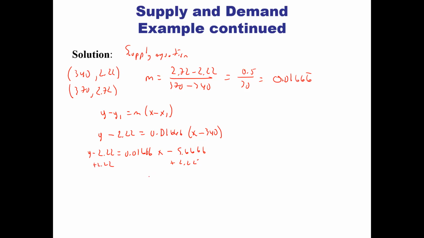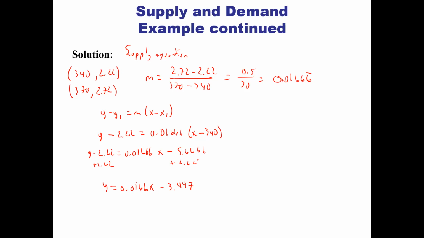Okay, so we get y equals 0.01666x minus 3.44, I don't know, 7 maybe, we'll call it. And so that should be our equation.